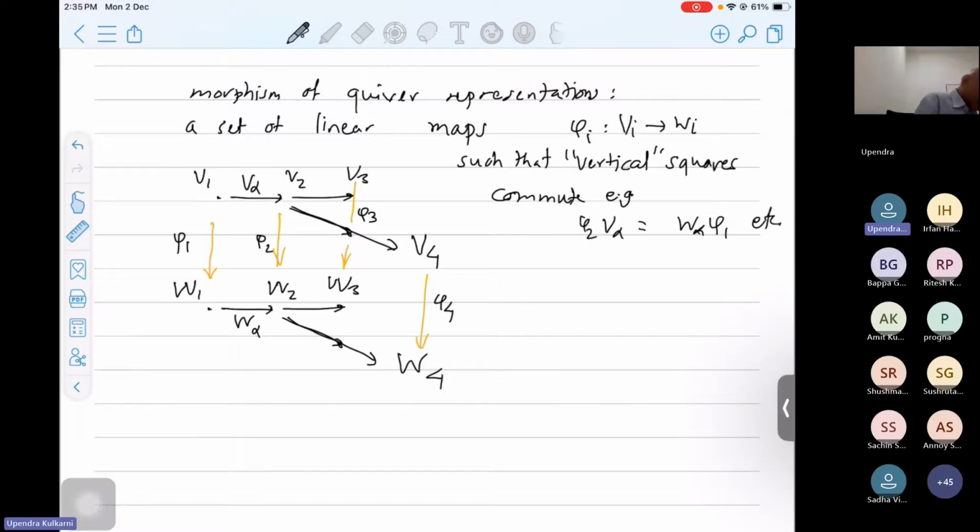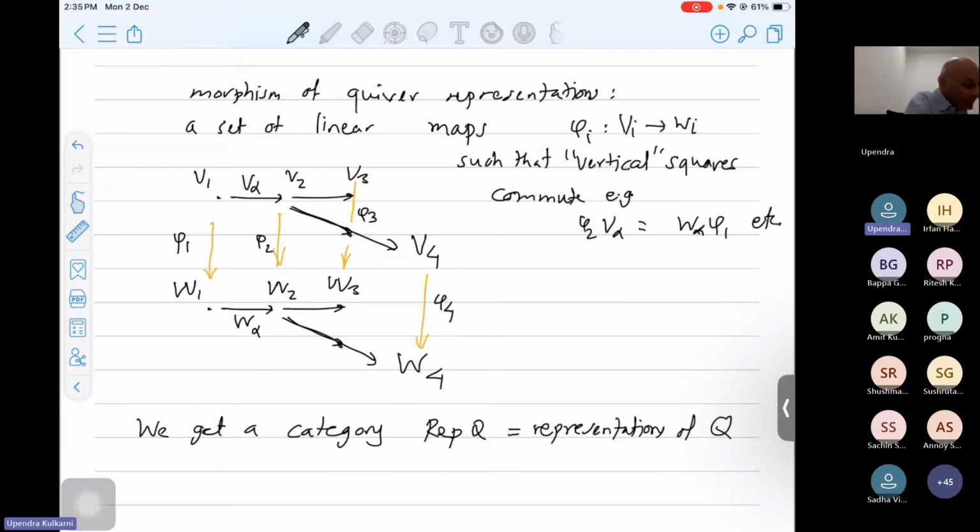Okay, so we get to say now that we get a category rep Q of representations of Q. The field is not mentioned over here, but it is understood that there is some fixed field K. So small rep simply means I take the full subcategory.